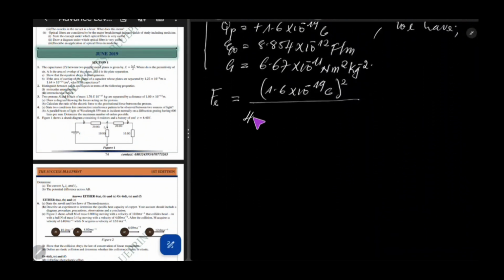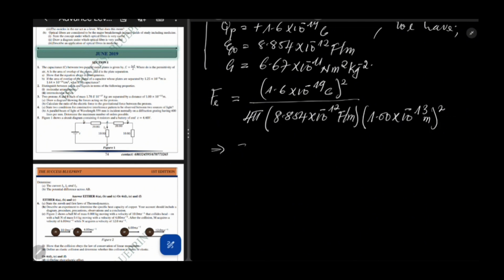So we have 4 pi times epsilon 0, 8.854 times 10 to the power negative 12 farad per meter, times the value of r, which is 1.00 times 10 to the power negative 13 meters, all that squared.